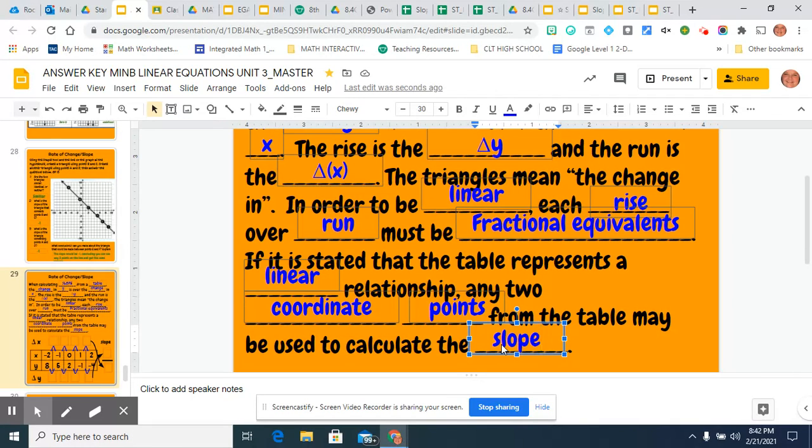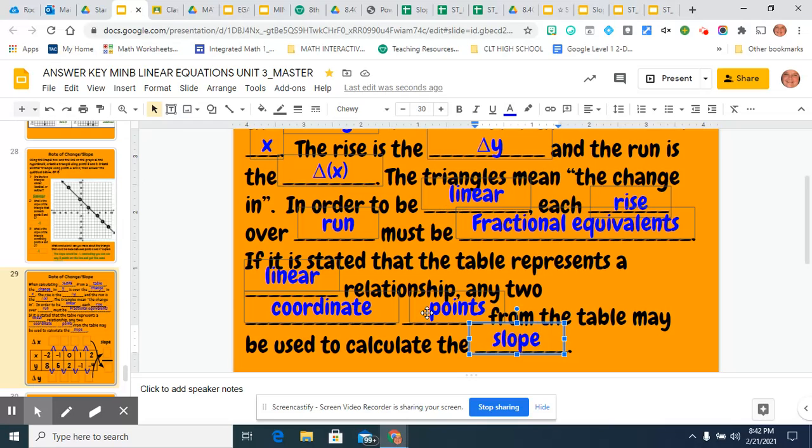If we graphed those points and it was linear, we would get a straight line. But we're not going to be able to graph all the time. Sometimes we're just going to have the table, and that's when we have to determine each rise over run from one point to the next and make sure that those differences are fractional equivalents.